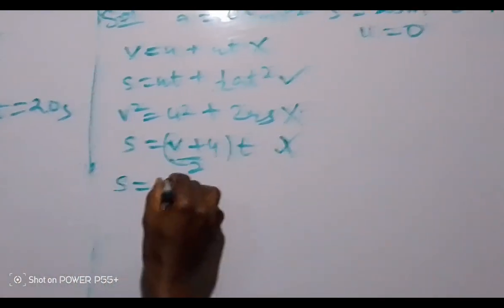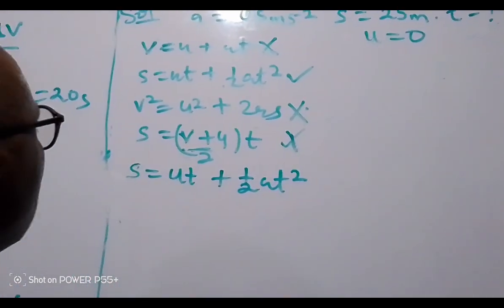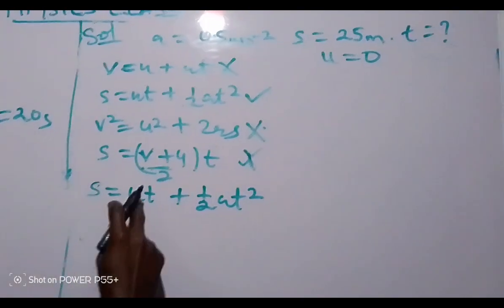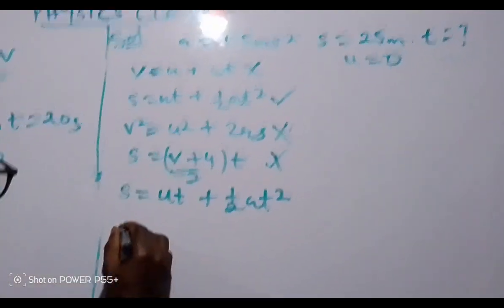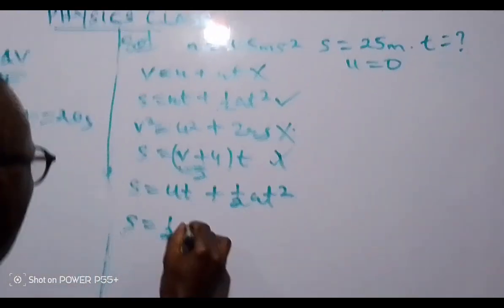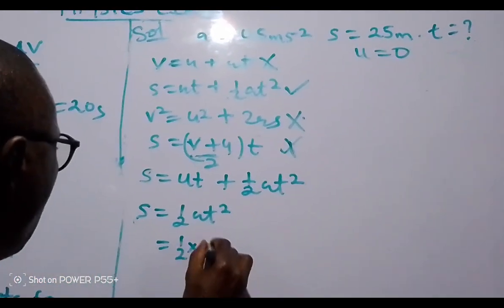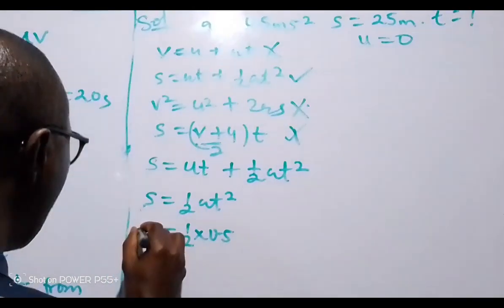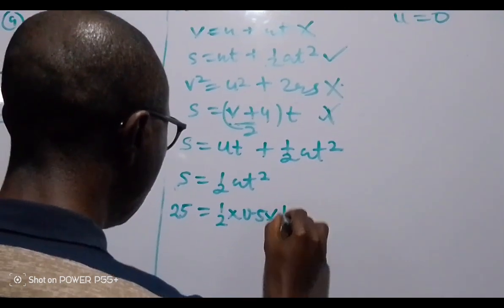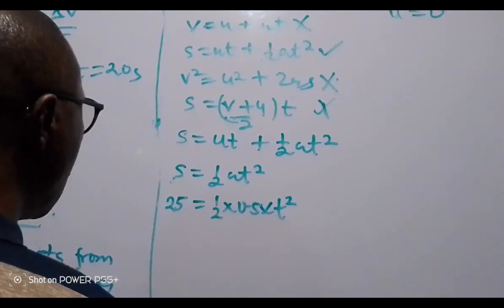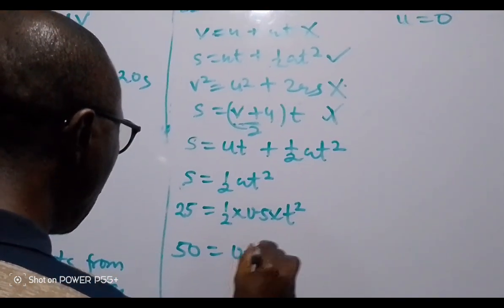s is equal to ut plus half at squared. Now, from what is on the board, u is 0. Therefore, 0 multiplied by t will give us 0. So we are now left with s is equal to half at squared. Our a is 0.5 and our distance given is 25. The time taken that we have to calculate will be t squared. So from there, 50 is equal to 0.5 t squared.